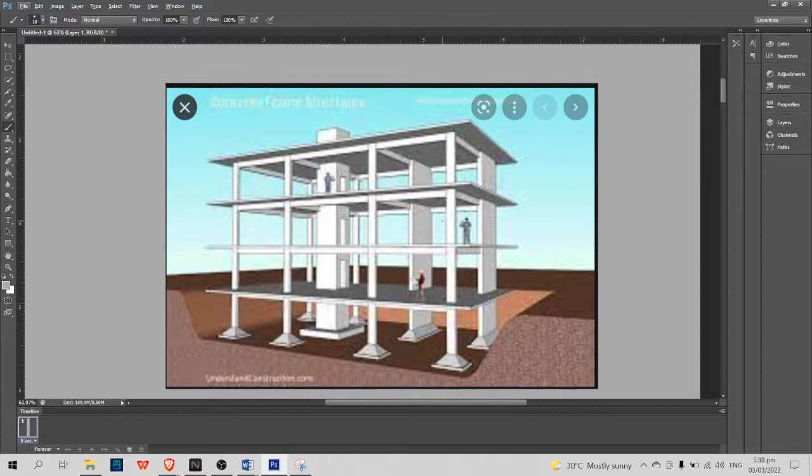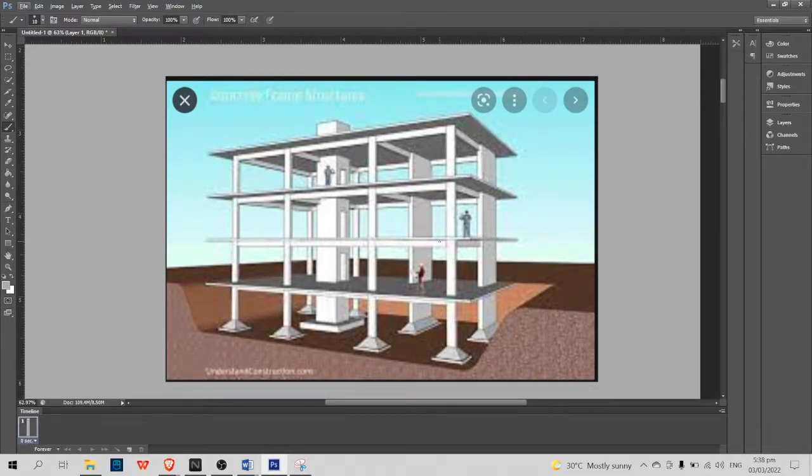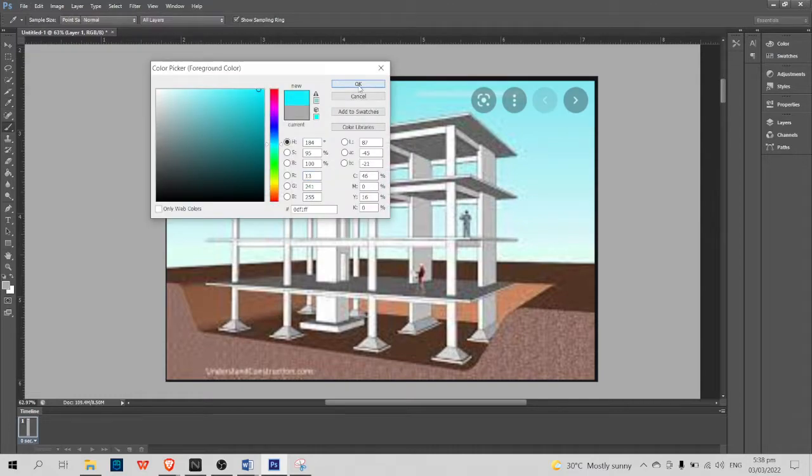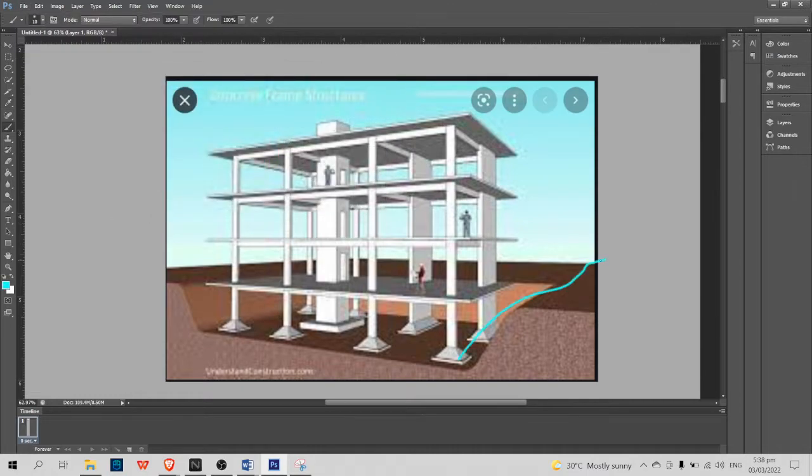Okay, so here is a typical structure natin in terms of being constructed in reinforced concrete. Of course, yung pagkasunod-sunod ng construction is in this manner. So, mauuna yung footing. Itong portion na ito, what we call the footing.